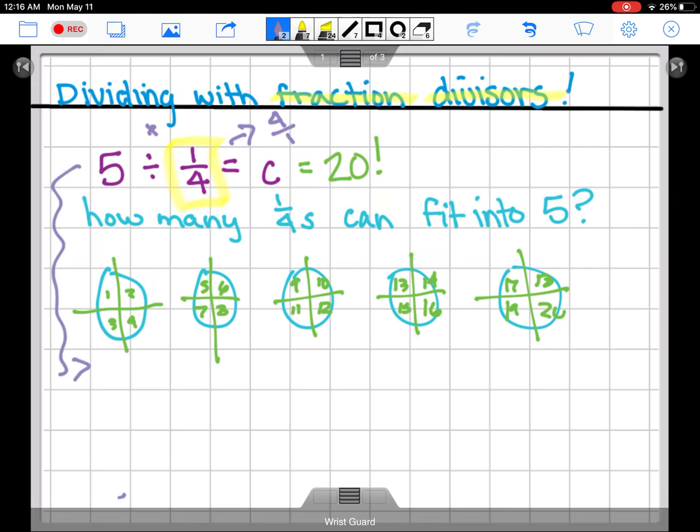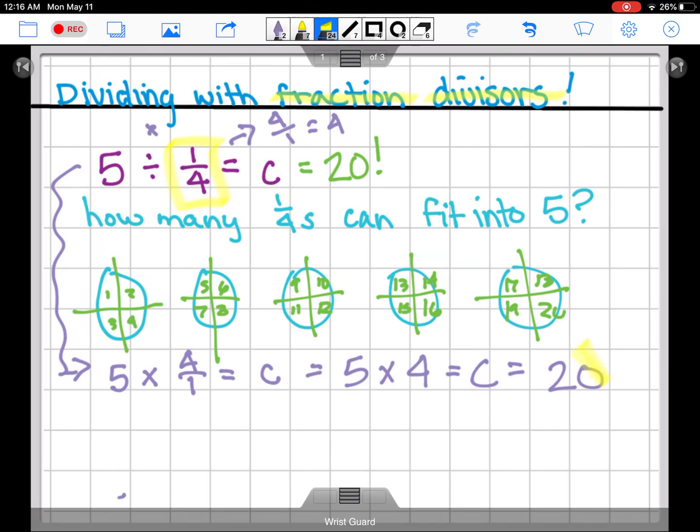So that means, to do this, we would do 5 multiplied by 4/1 equals C. And we know that any number over 1 is really just equal to itself, right? So 4/1 equals 4. So what this really says is 5 times 4 equals C. You guys know 5 times 4 equals 20.